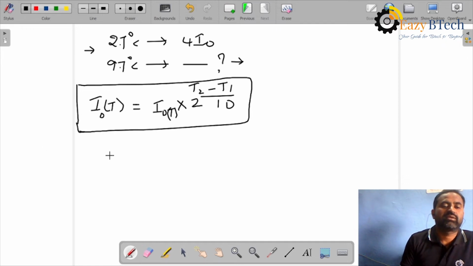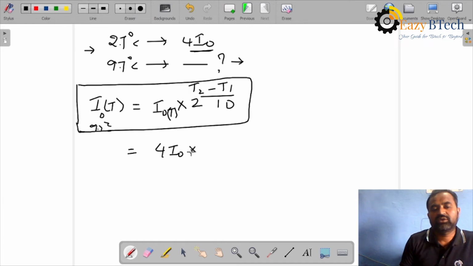Is it clear? Now at 97 degrees centigrade you need it. The initial I naught is 4 I naught. So 4 I naught into 2 power (T2 minus T1) by 10, where T2 is the second temperature: 97 minus 27 by 10.